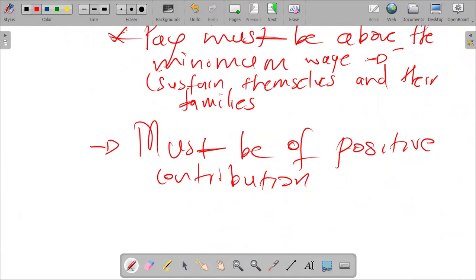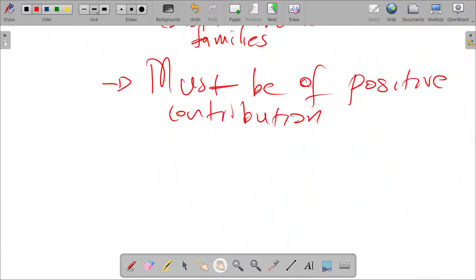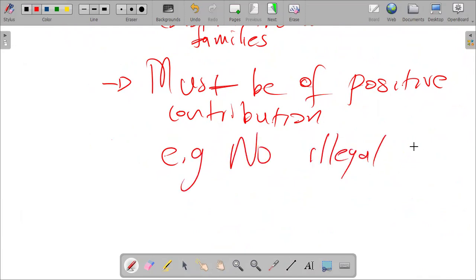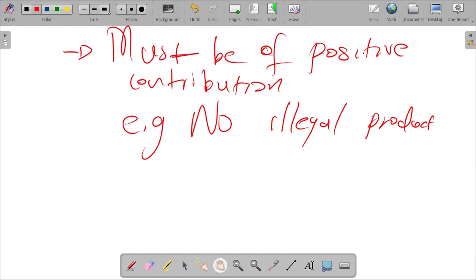It means that you must not be selling illicit or illegal products. Why? Because as a country, we are trying to grow.